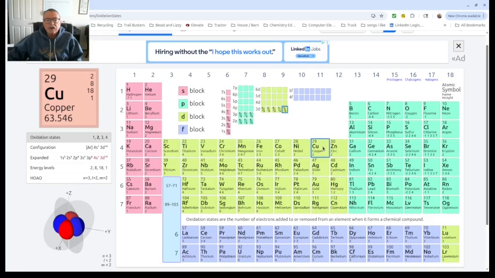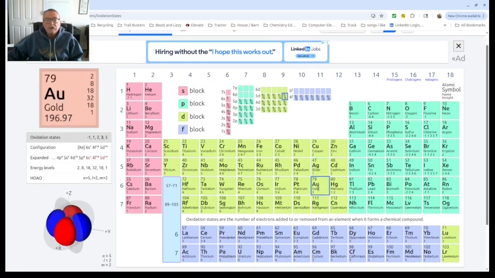Copper has one unpaired electron. Silver, one unpaired electron. Gold, one unpaired electron. Plus gold has that F block.